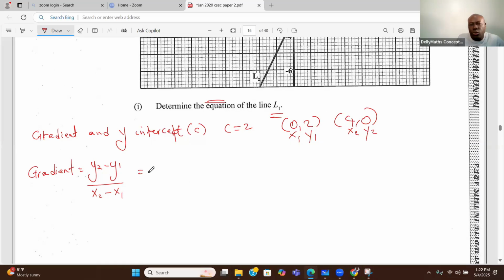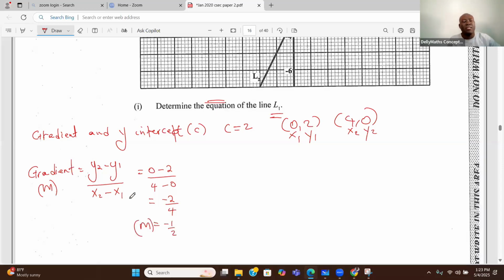Set it up: y2, 0 minus 2 over 4 minus 0. So you have negative 2 over 4, which is negative 1/2. So your gradient, which we call m a lot of times, is negative 1/2.